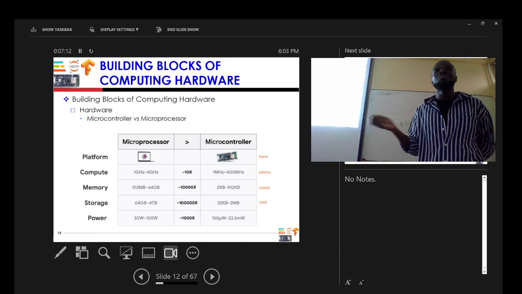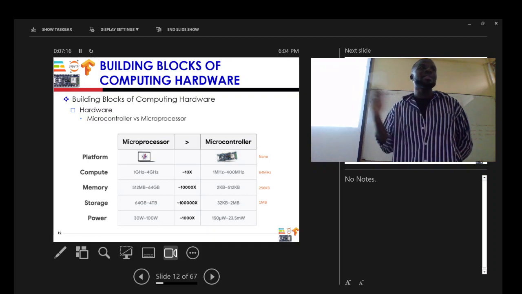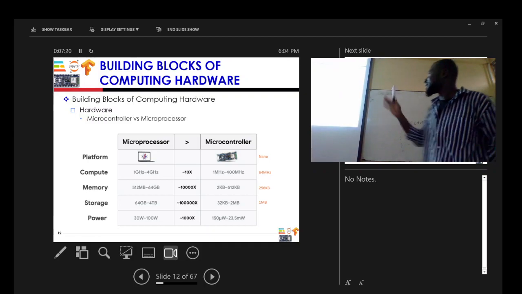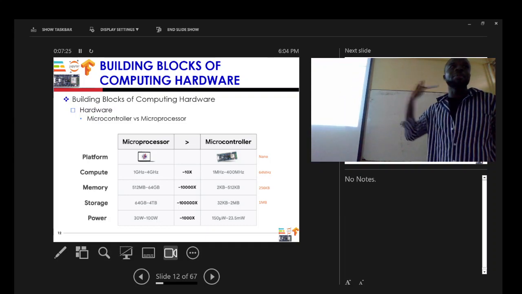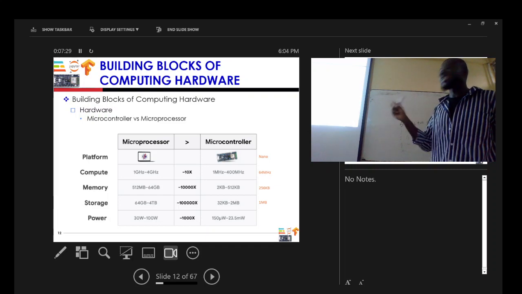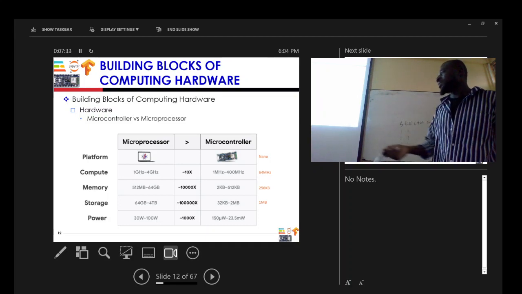Most laptops are about 2.1 gigahertz or something. But microcontrollers run between 1 megahertz to 400 megahertz. So in terms of frequency, the microcontroller is very limited. It runs at lower speeds than the microprocessor.